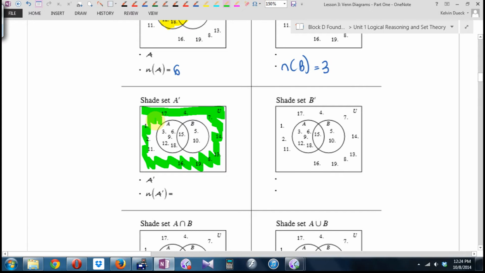Darian, I'm going to shade in B as well, but not all of B. Look up. Why am I going to carefully color that little half moon in, but why didn't I color the 15 in? No. Because that's part of A. Yes, it's also part of B, but this says shade in anything that's not part of A. A prime, a complement.